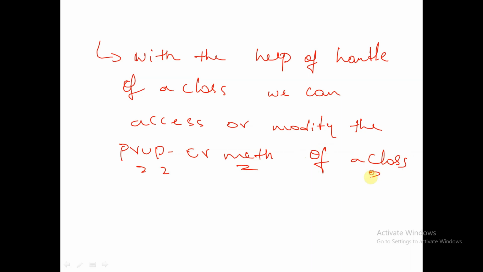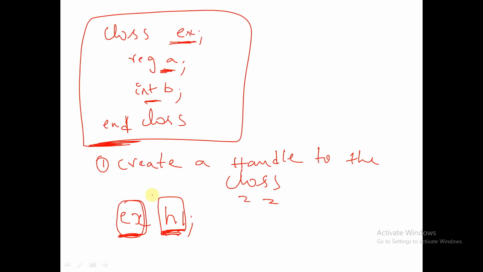So basically a handle is a pointer of the class. We should create a handle for the class, and with the help of the handle only, we can access the methods. Is it clear about the handle?